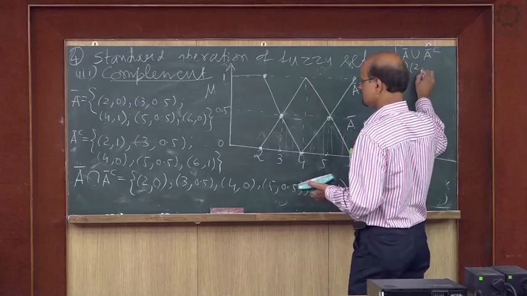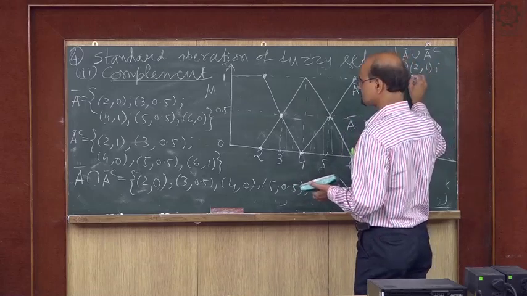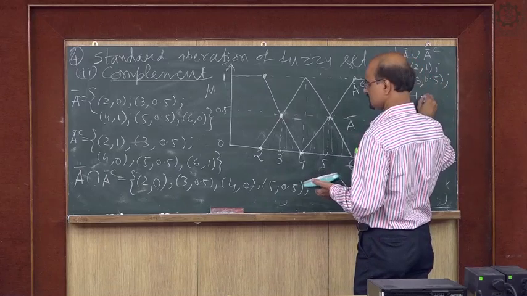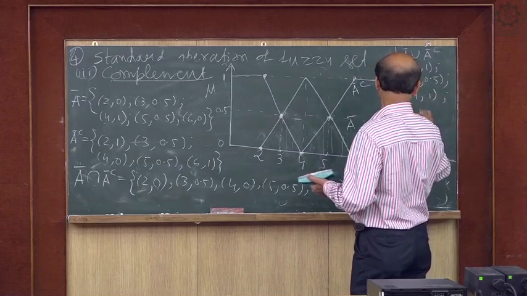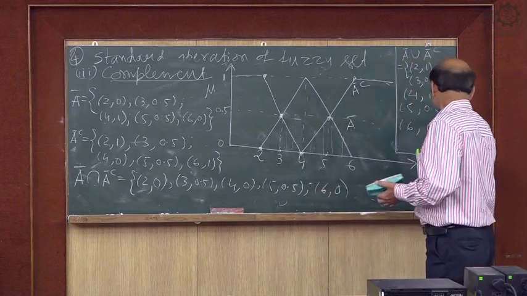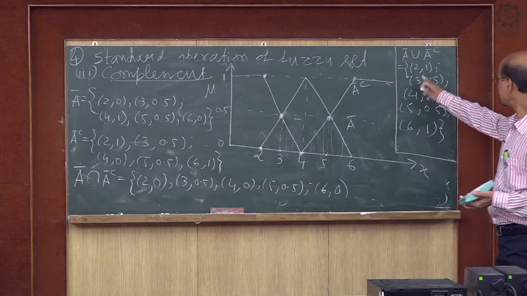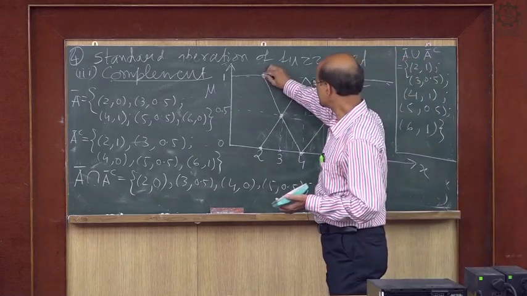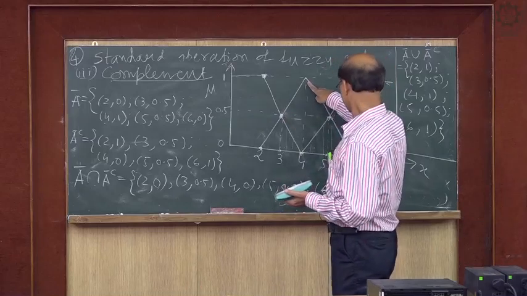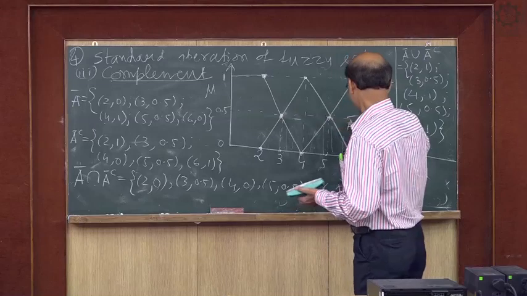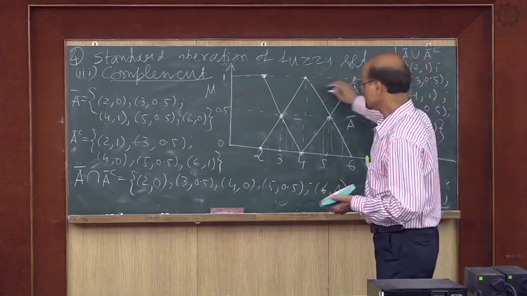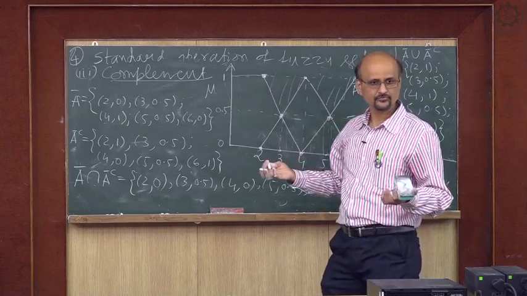So 2, 1; 3, 0.5; 4, 1; 5, 0.5; 6, 1. So we are not getting all of X.